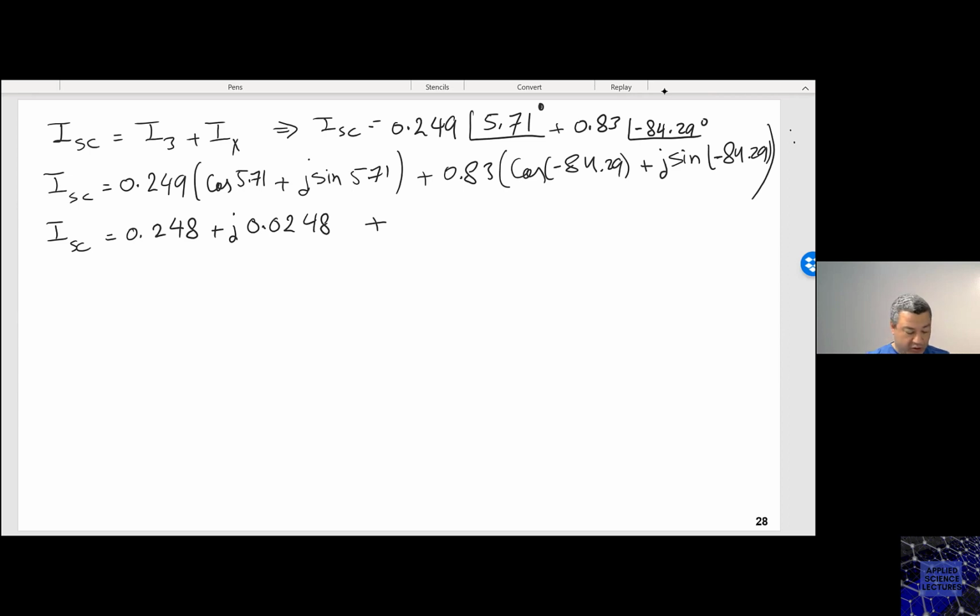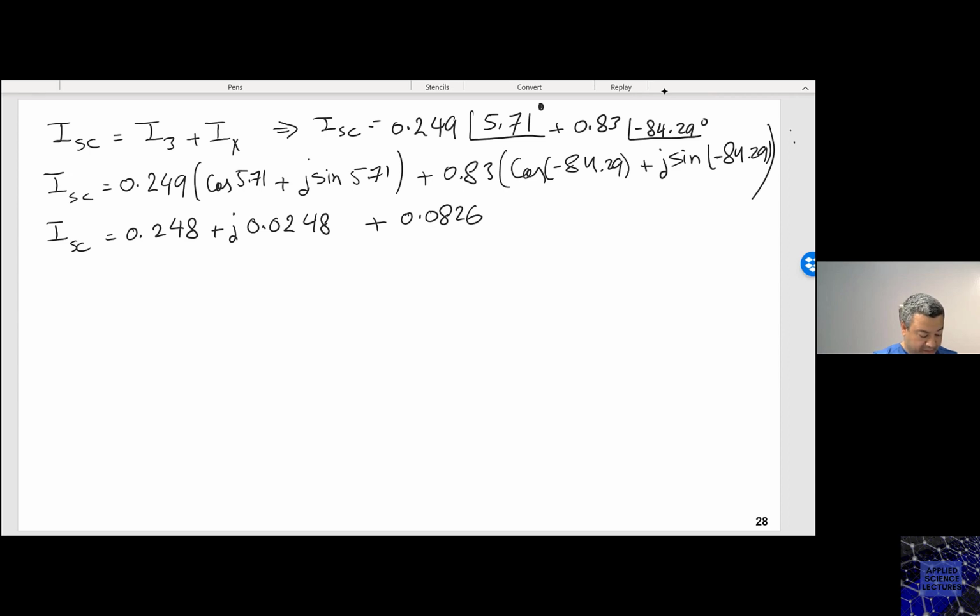Plus cosine of minus 84.29 times 0.83 is 0.0826.